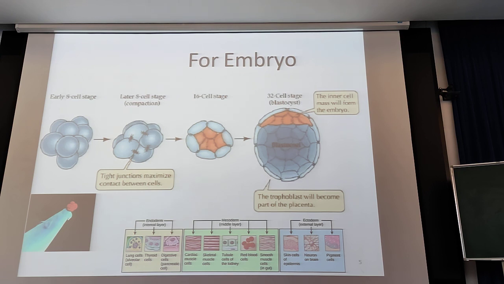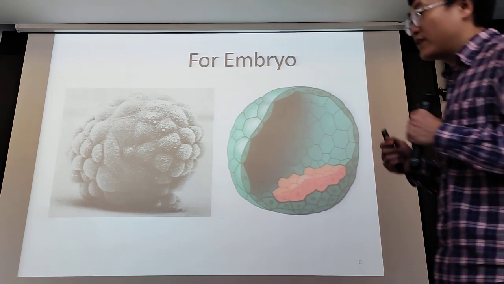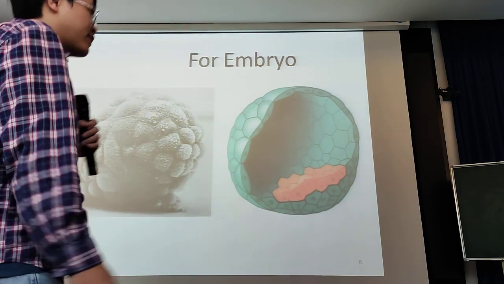So we see that from the first cell, the zygote, after 4 days of development, we start to have differentiation. So what is differentiation?